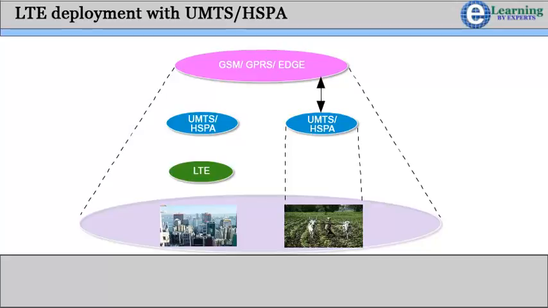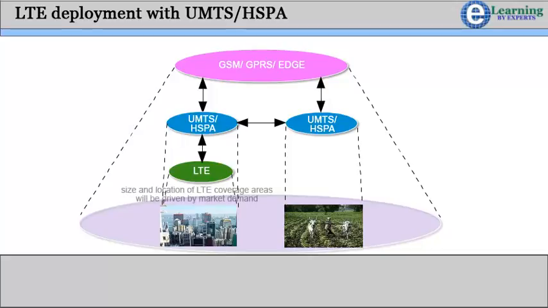Typically, urban areas are the first ones with the need for new services, such as high-speed data services. While the operator may not have deployed UMTS HSPA services as a complete overlay to the GSM-based network, ever-increasing demand in urban areas may be met by deploying small islands of LTE in appropriate areas.